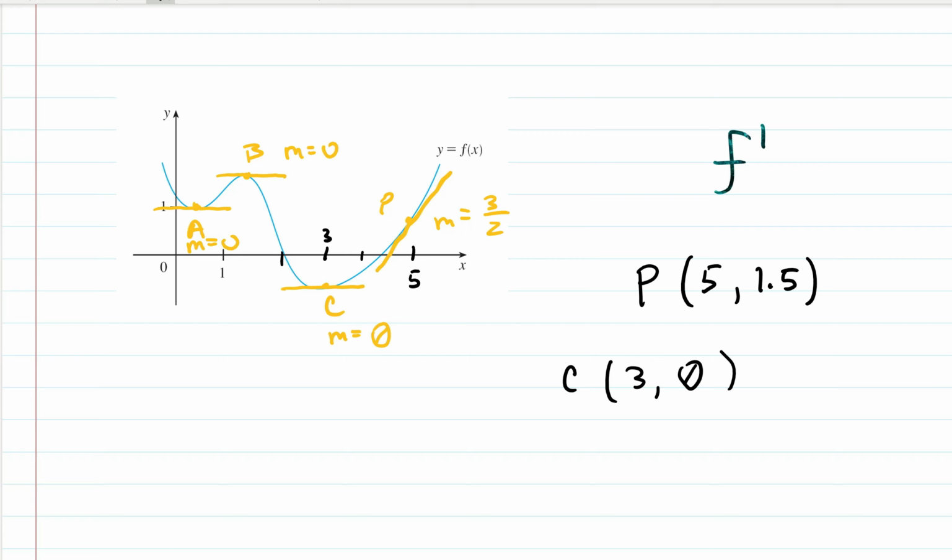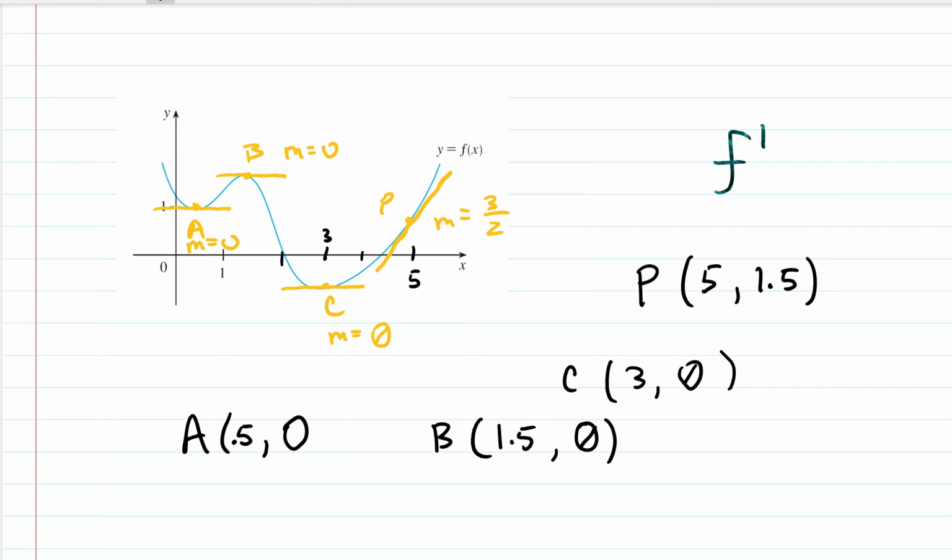And then the next one, B. B is probably between 1 and 2, so I would say that's about 1.5 and then 0. 0 is our f prime of x. And then A is about at 0.5, comma, again we have a 0.